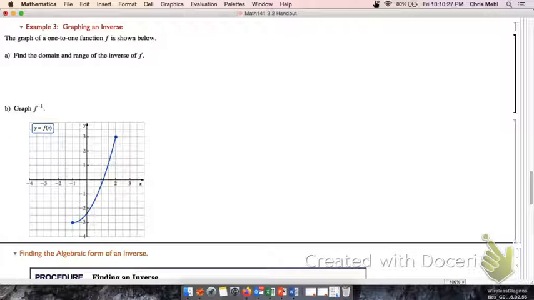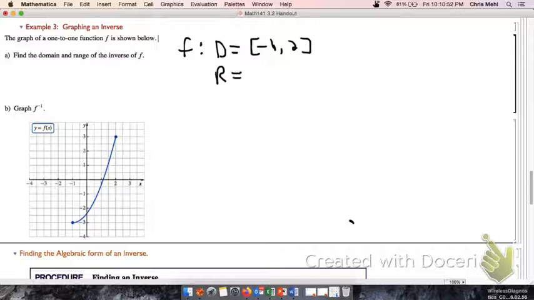So example 3, the graph of a one-to-one function f is shown below, and if you look at that graph, I think you can convince yourself it passes the horizontal line test, so it is a one-to-one function. I want to find the domain and range of the inverse function. For f, looking at the graph, the domain, the x coordinates, range from -1 to 2.